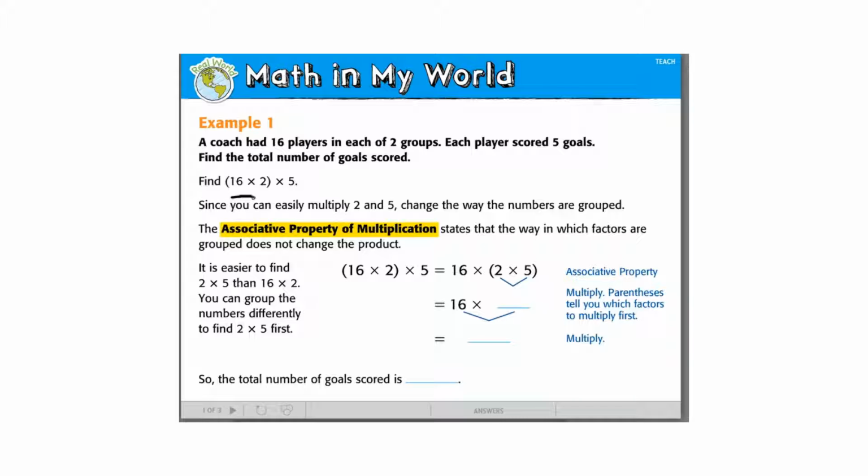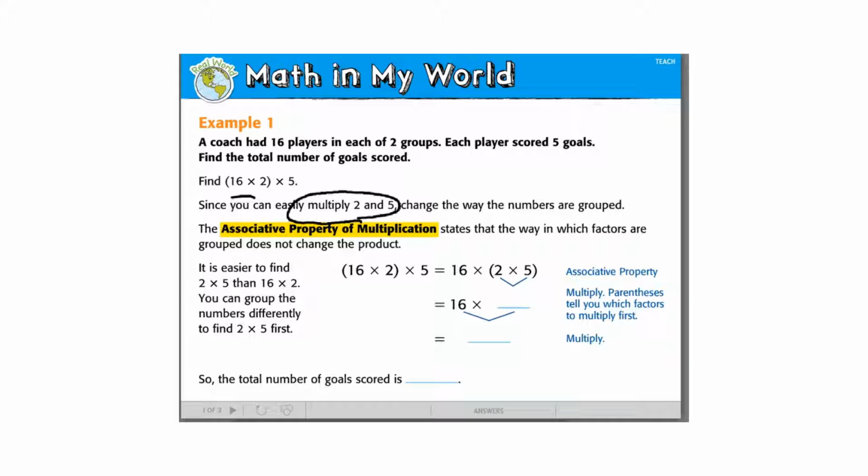This is the group. Each of those players scored 5 goals. So we'd have to figure out how many total players there were by multiplying 16 times 2 and then multiplying that number times 5, because every player scored 5 goals. Here is the part that I was trying to explain to you earlier. You can easily multiply 2 times 5.